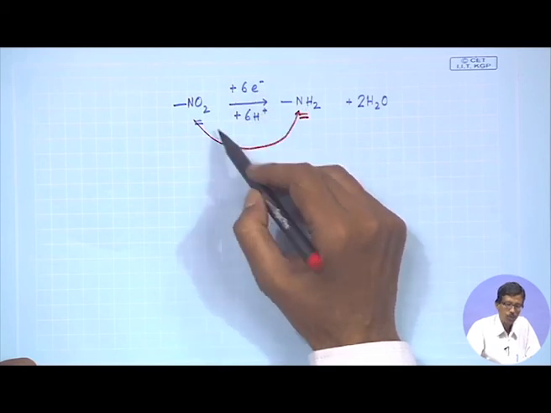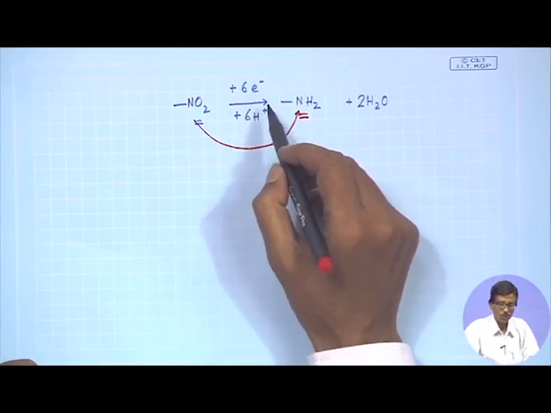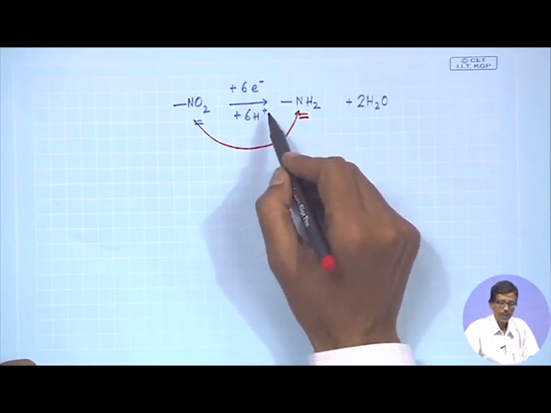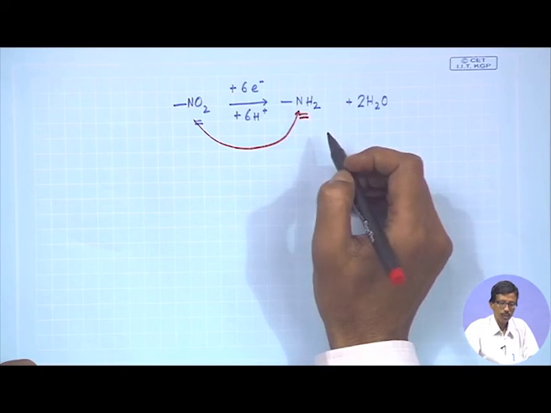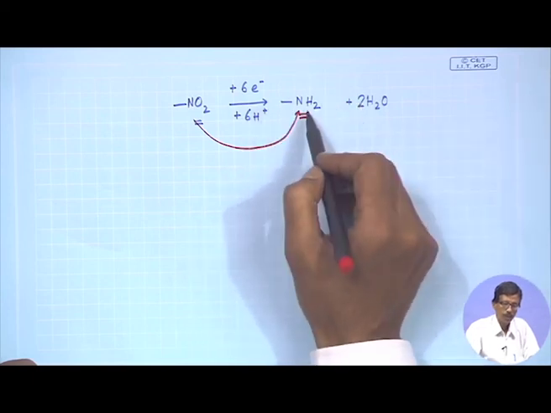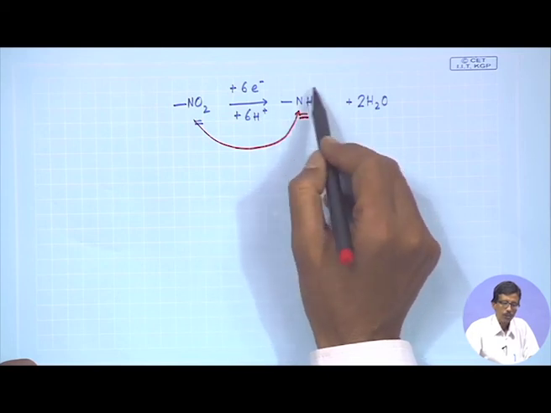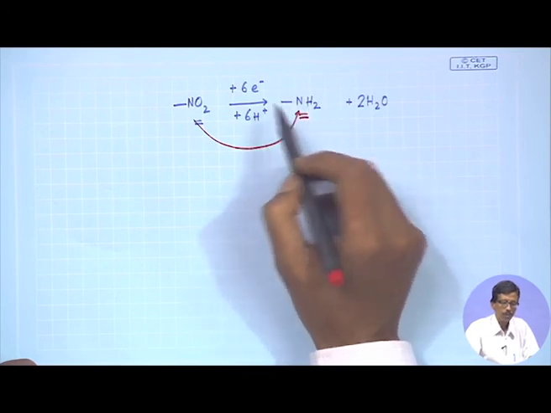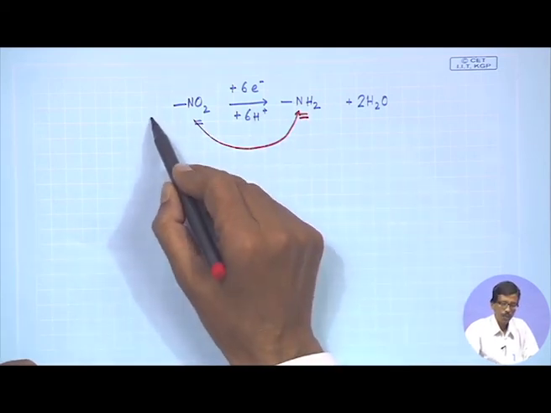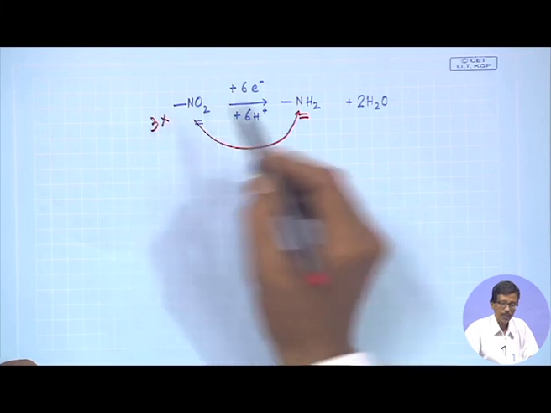But when you go for a typical electrochemical reaction, we should precisely know how many electrons are getting transferred, for the direct conversion of the nitro group to the amine function, and also because in picric acid you have 3 in number.